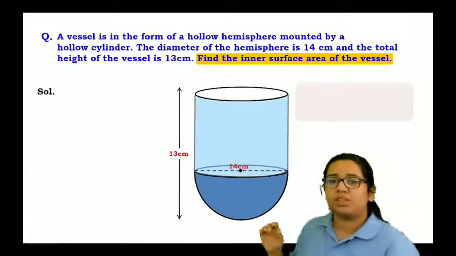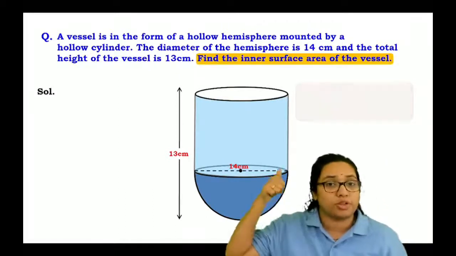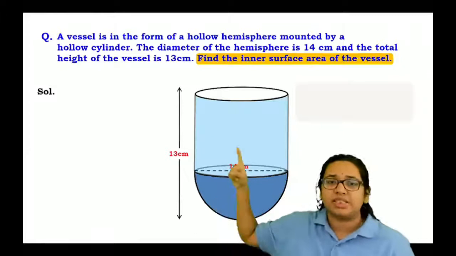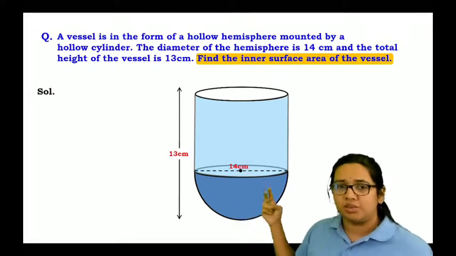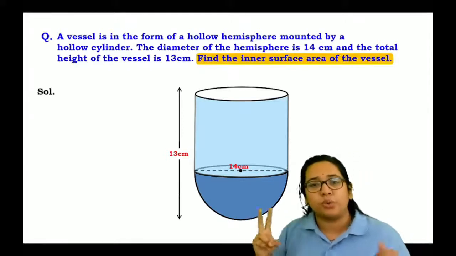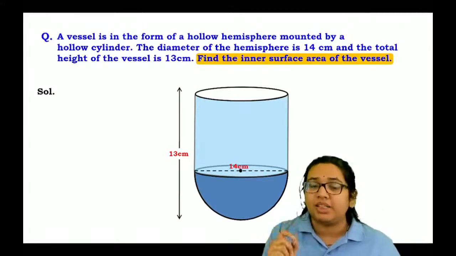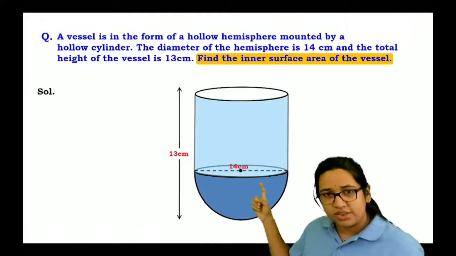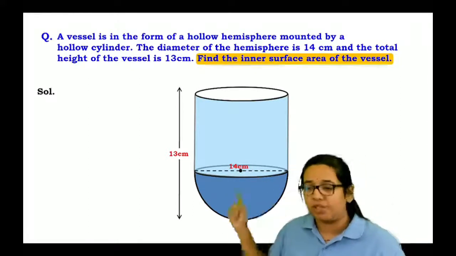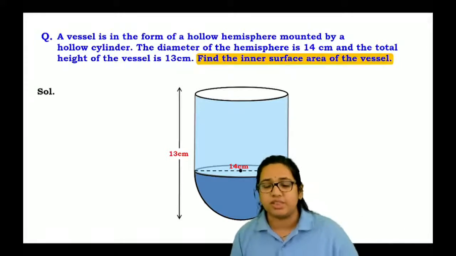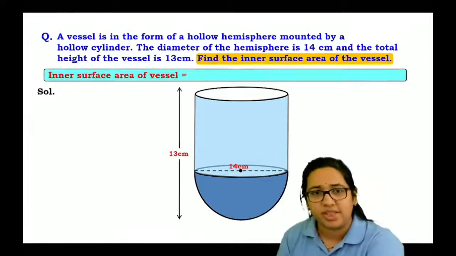So for this question, you just have to use the formula for curved surface area of the cylinder and curved surface area for the hemisphere, right? So for both the cases, you might need the value of r first, which you have already because we have the value for diameter. If diameter is 14 centimeter, then obviously radius will be 7.